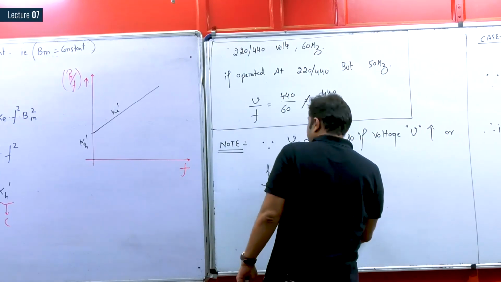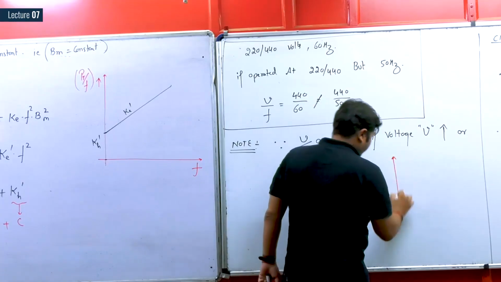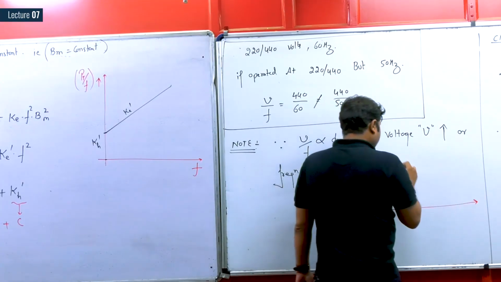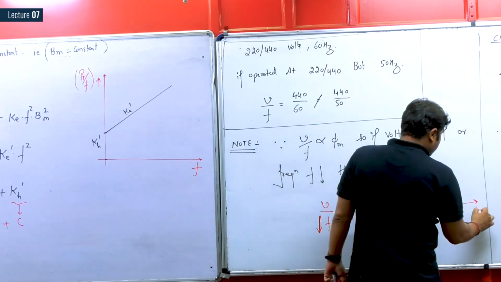With a rise in this, the transformer goes into deep saturation. So if the V by F ratio is not constant, then the transformer may go into deep saturation.